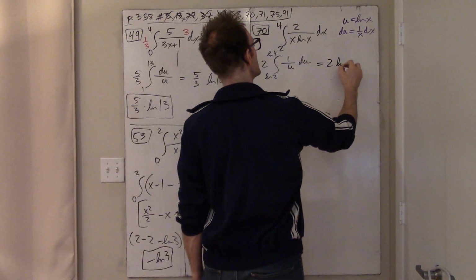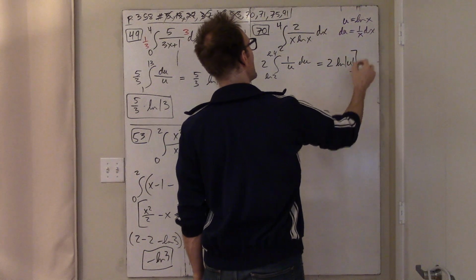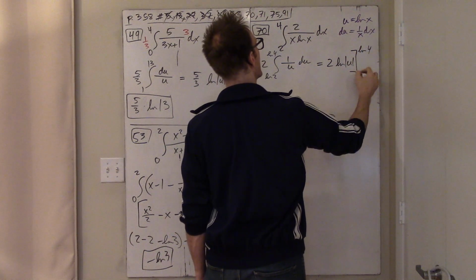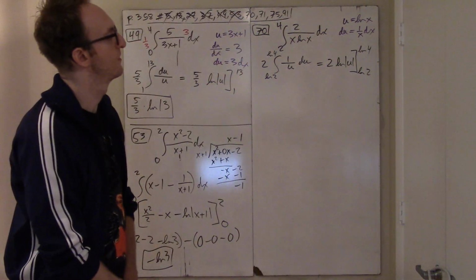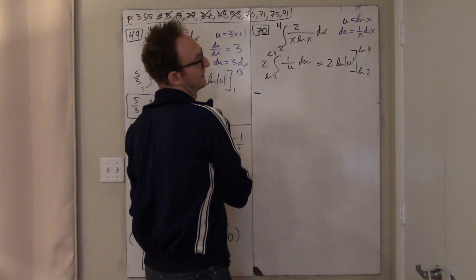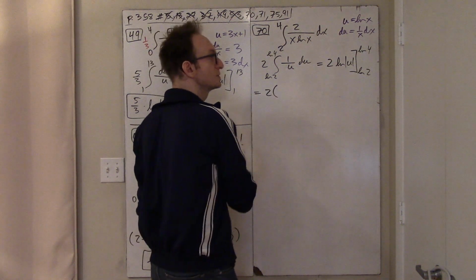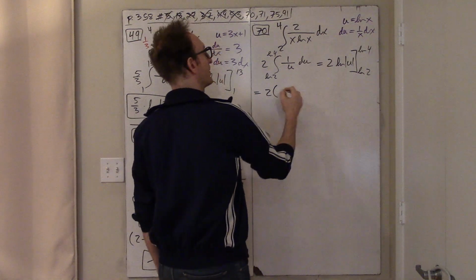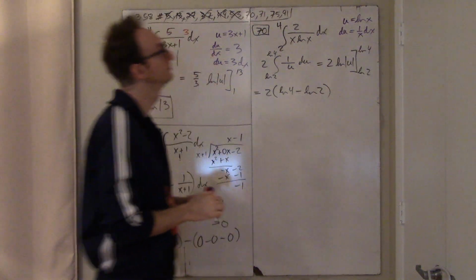So this becomes 2 natural log of u, but evaluated at ln 4 and ln 2. Yeah, so what's the smooth way to do this? Well, okay, so I get 2 times, well, it's just ln 4 minus ln 2 then, right? So ln 4 minus ln 2.